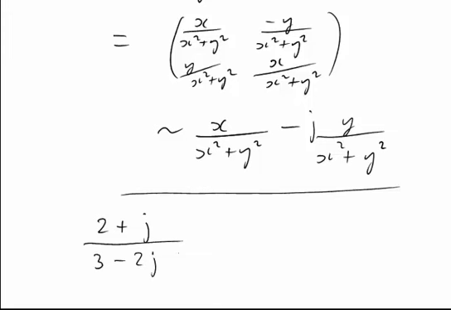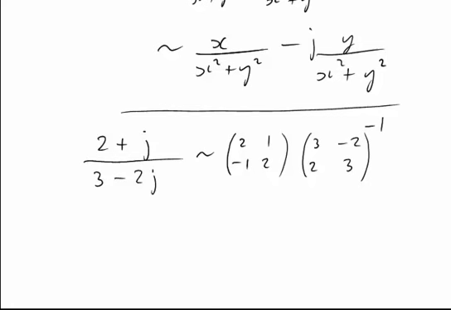We would expect that to be equivalent to the complex number 2 plus j transfers to 2, 1, negative 1, 2, and 3 minus 2j transfers to 3, negative 2, 2, 3, but that's underneath, so we need the inverse for that matrix. Let's work out the inverse.